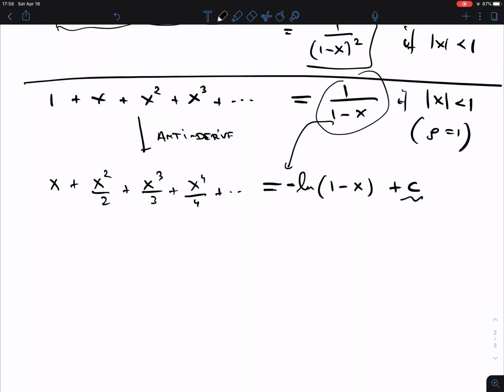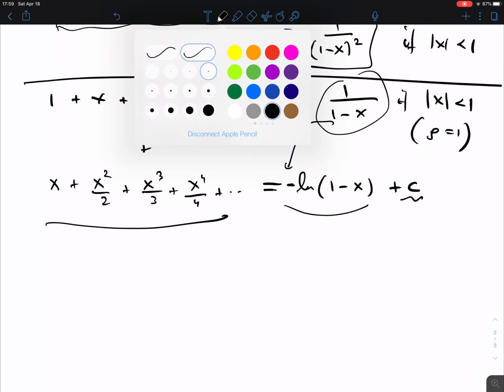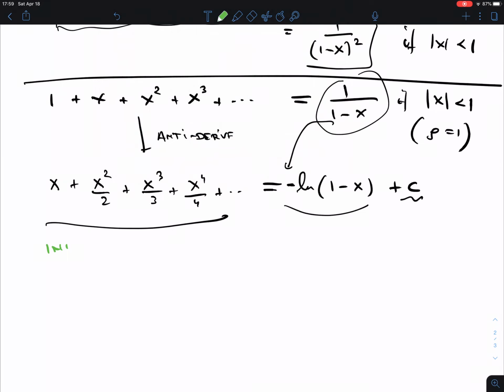This plus c. Okay, here I have a series. Here I have a function that I kind of know. What is this stupid c doing there? Well, as is often the case with these integration constants, we can determine them by the so-called initial condition. So what is our initial condition here? The initial condition to determine the integration constant, to determine the c, it's not a center, but the c of integration, right?